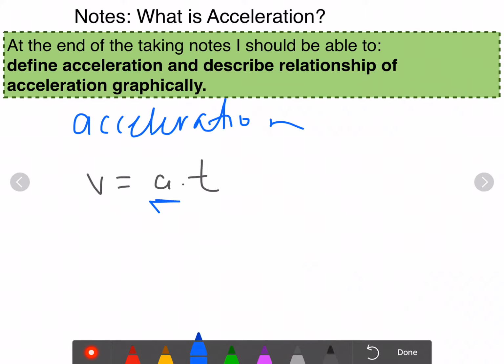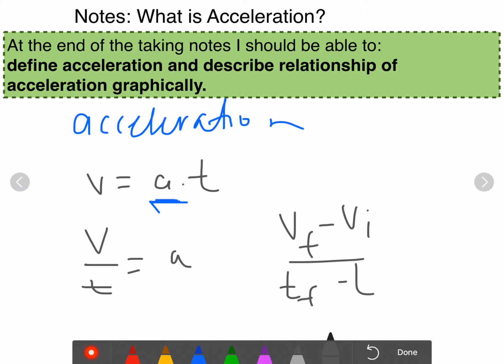Acceleration here is the middle variable, and if we want to isolate it, we make it v over t is equal to a. We can also find v final minus v initial divided by t final minus t initial is equal to a as well. We can use any of these equations to find acceleration.